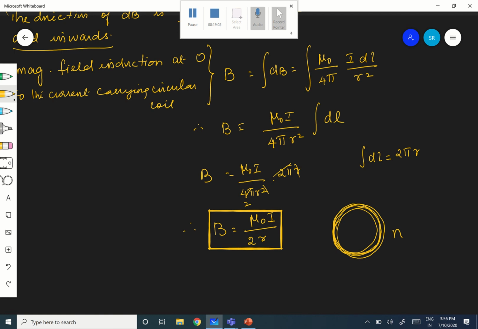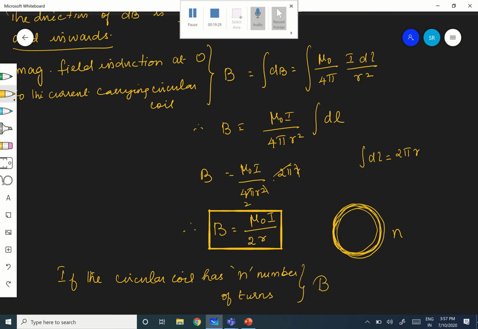For a single turn, B is equal to mu naught I by 2R. If the circular coil has n number of turns, then what is your B?